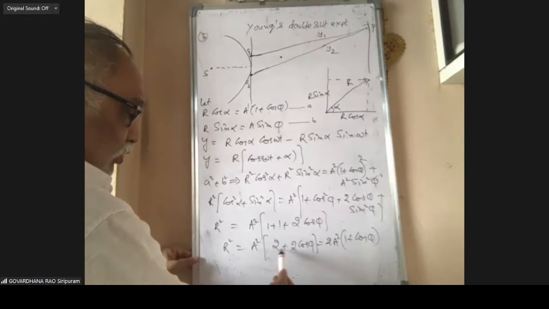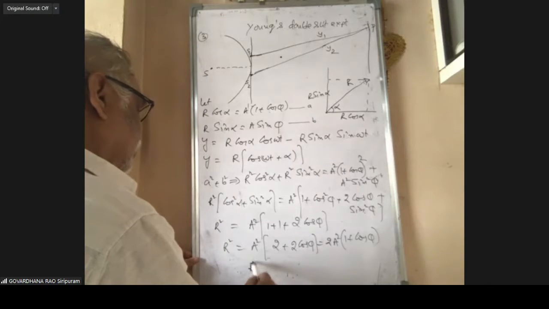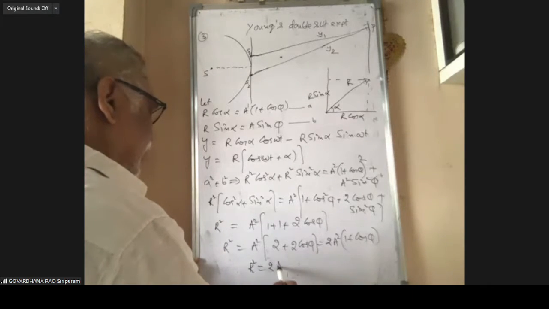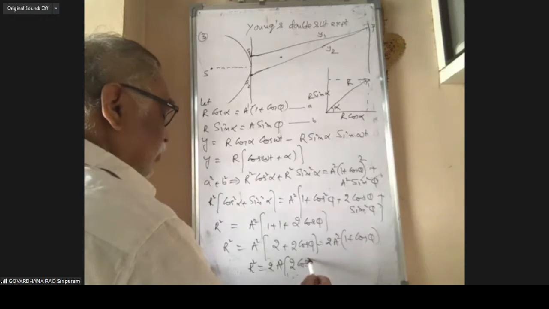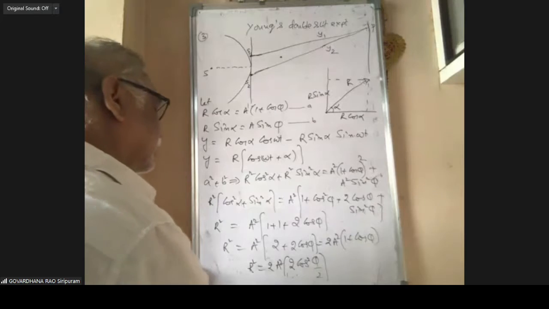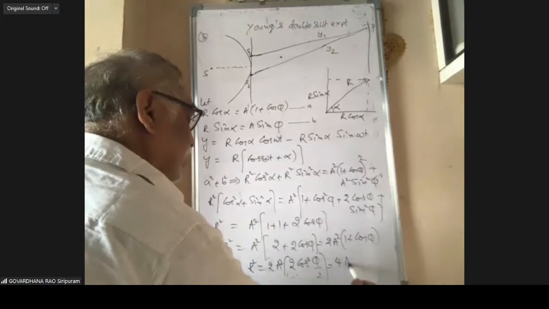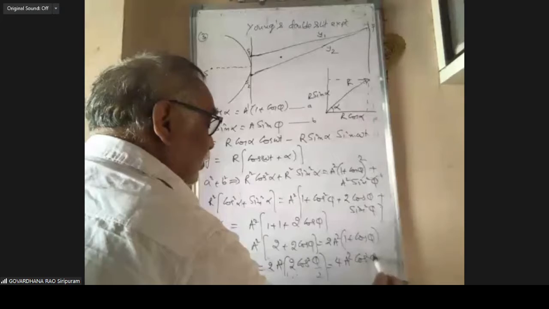Correct? 2 common, 1 plus cos phi. So R square equals 2A square, and 1 plus cos phi is 2 cos square phi by 2. Correct? So R square equals 4A square cos square phi by 2. Correct?